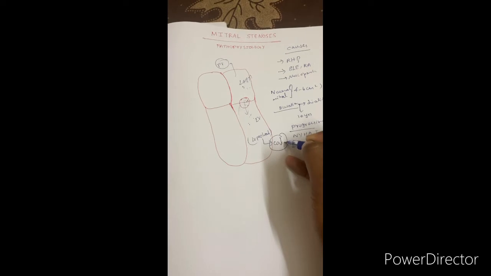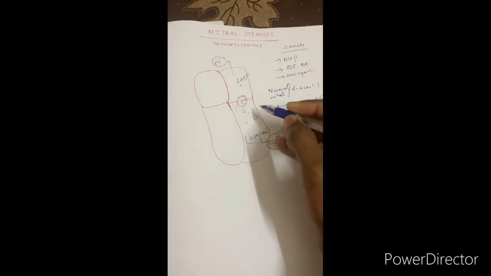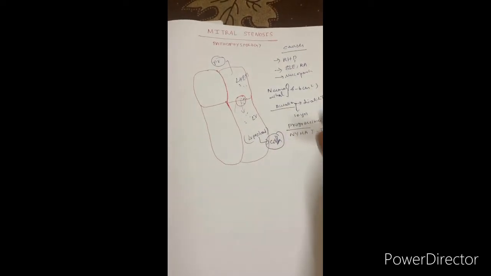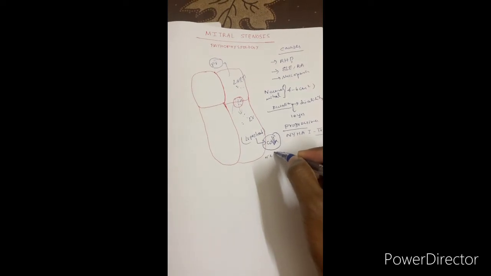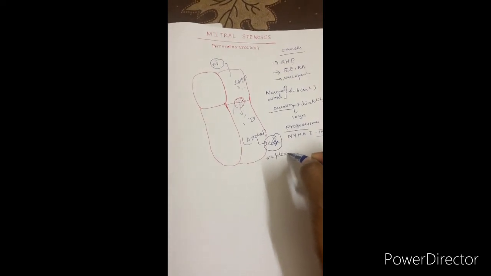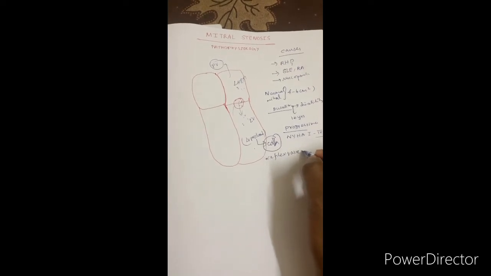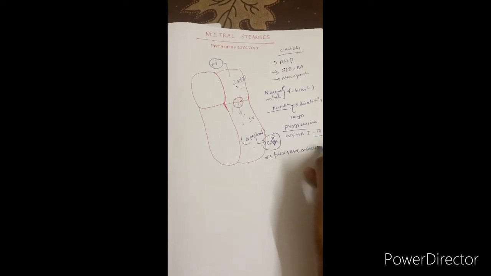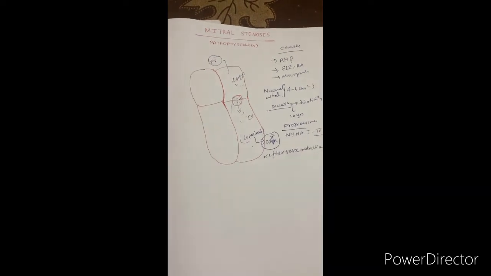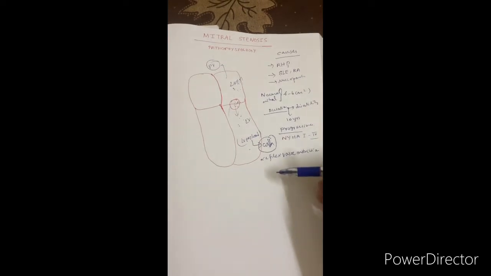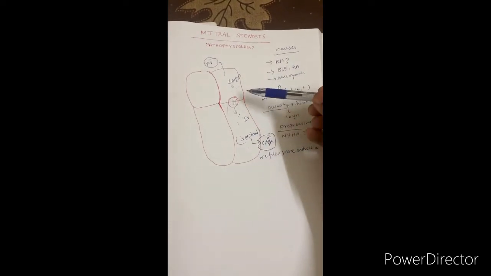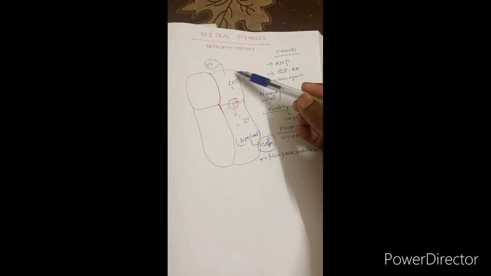When cardiac output decreases, there will be reflex vasoconstriction of the systemic vessels to increase the BP, which further deteriorates the cardiac output. So as the stage progresses, the patient becomes severely easily fatigable and more dyspneic because of this decreased cardiac output. Another thing happening is an increase in the left atrial pressure.